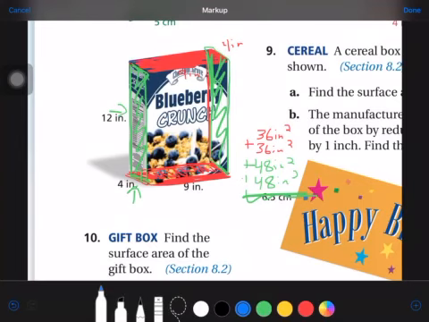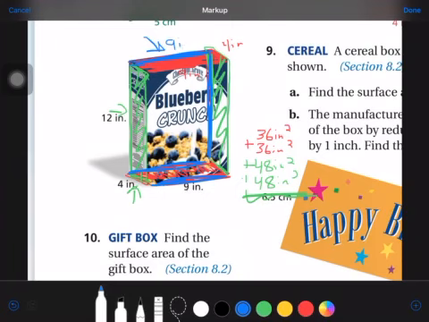So for this back panel, let's look at these measurements here. What's the measurement for this line? Well, again, if we go down from that, we don't have a measurement, but if we go across, we see that it's 9.